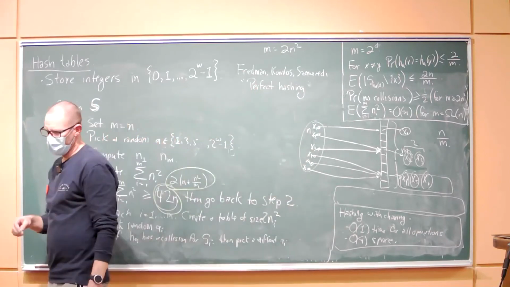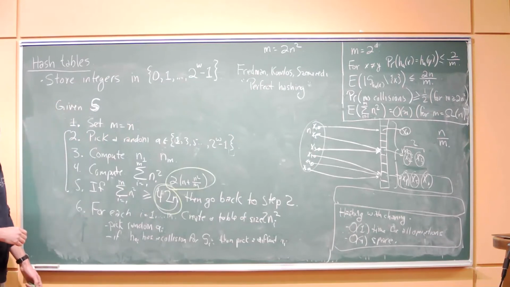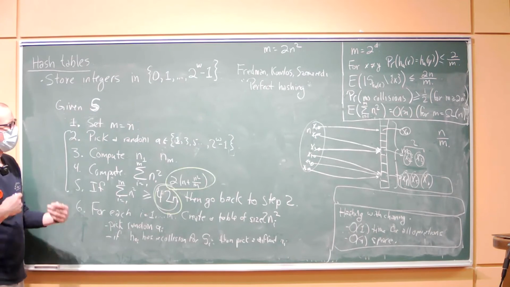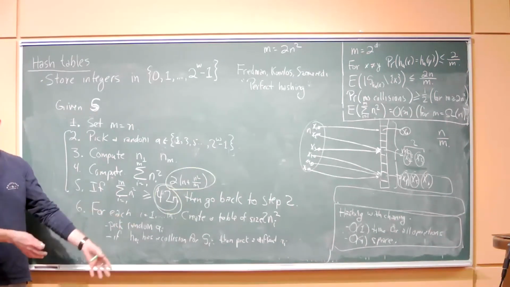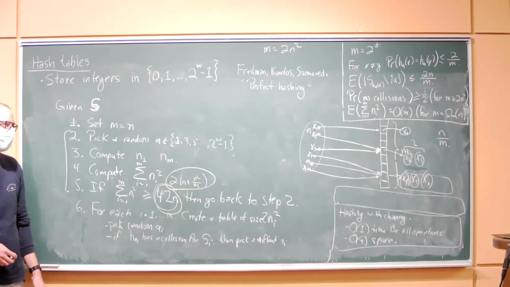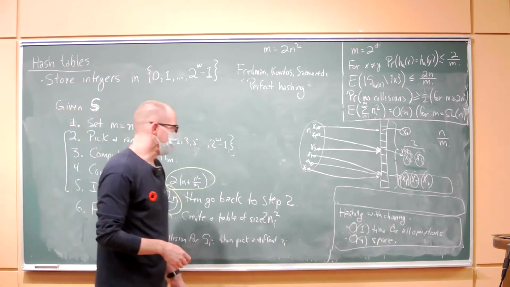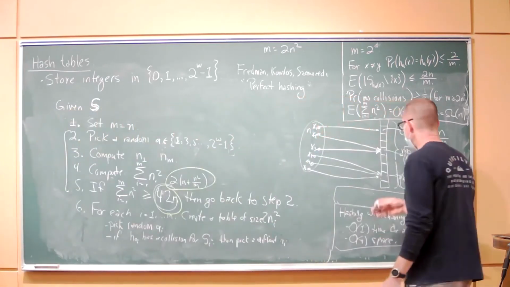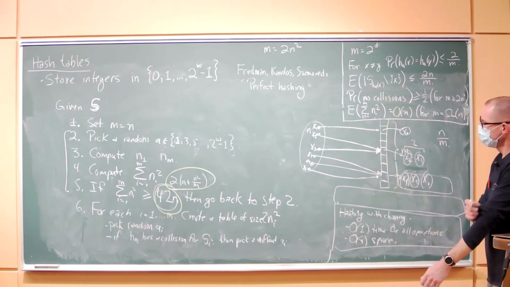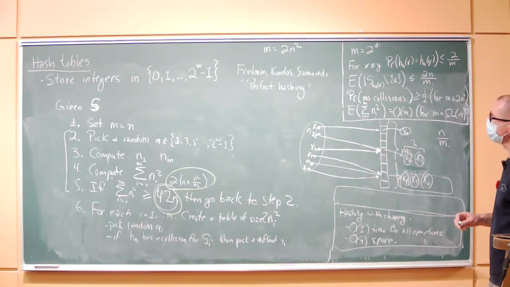And perfect kind of means that, well, perfect means no collisions. So everybody gets their own location by themselves. And that's true, but it happens in sort of 2 stages. But it works.